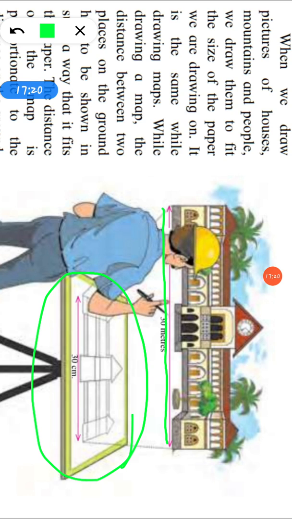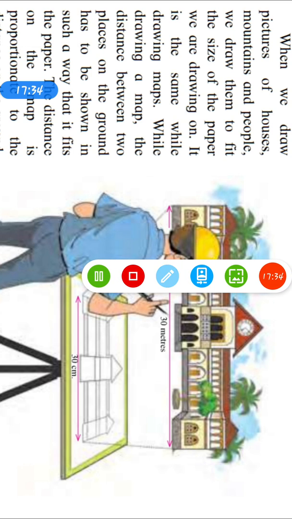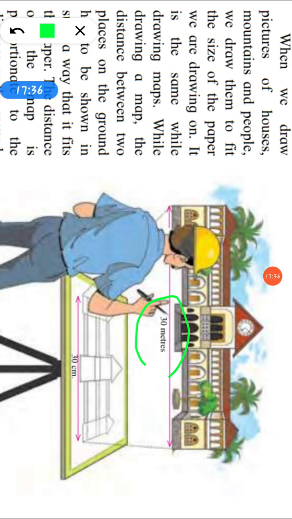So what we do, we make it proportionate, or we change the units. So we convert this, sorry, we convert this unit meters into centimeters. The width of this building is 30 meters, so we draw 30 centimeters of width on this paper.